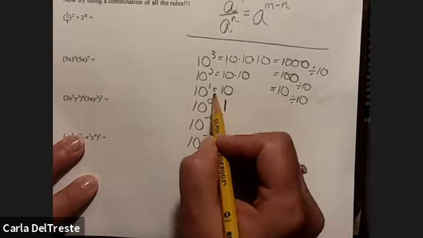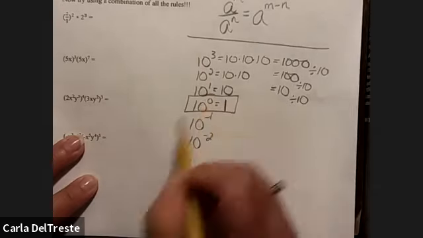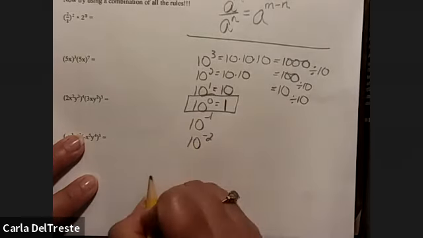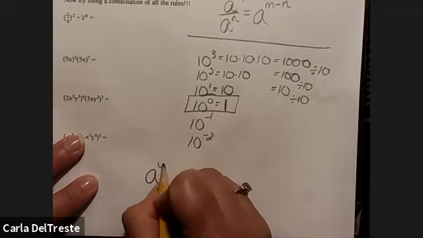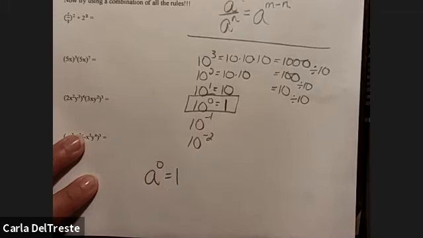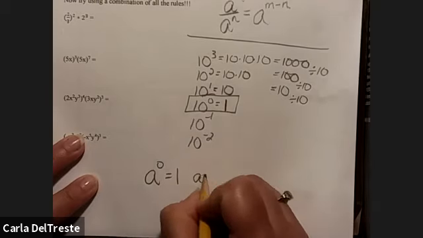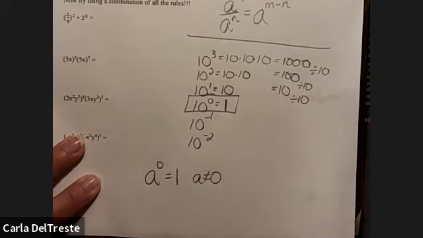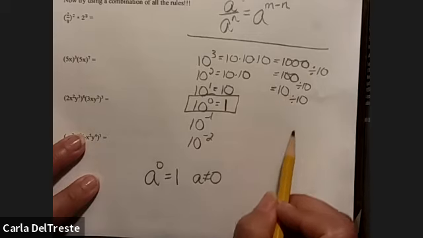So this is a very important fact. We just saw that a to the 0 equals 1. That's true all the time, as long as a is not 0. We have to say that because we wouldn't be allowed to divide by 0.